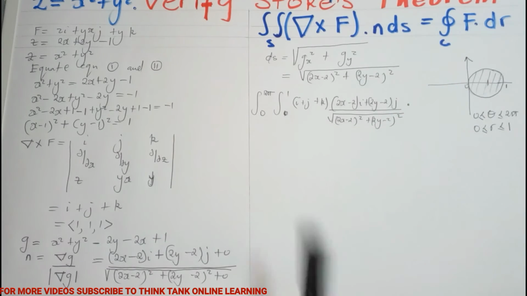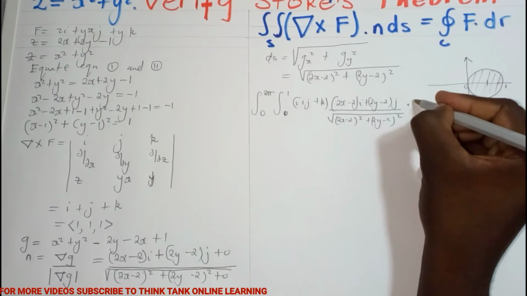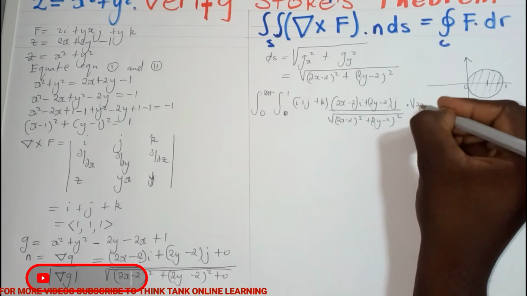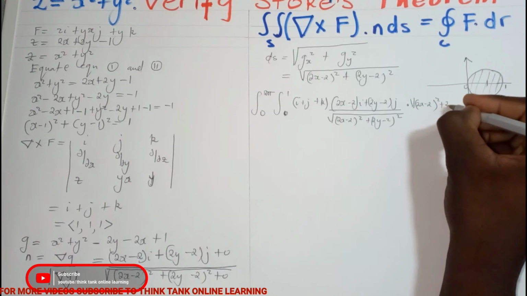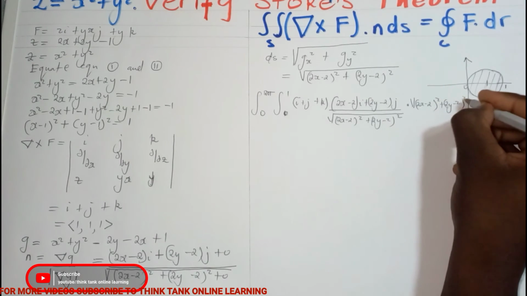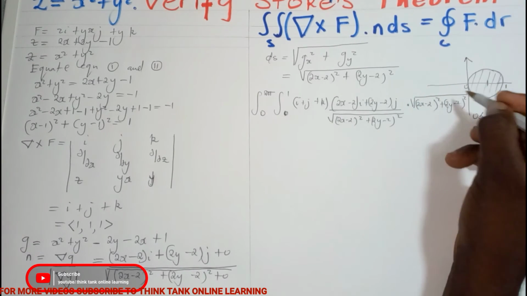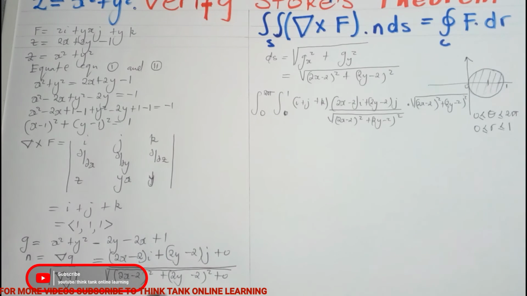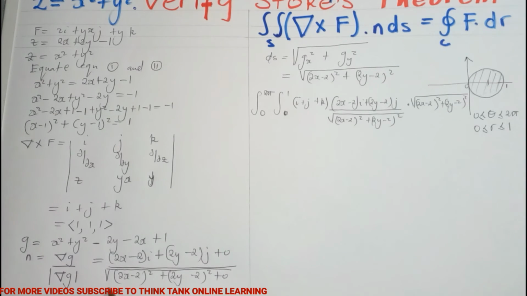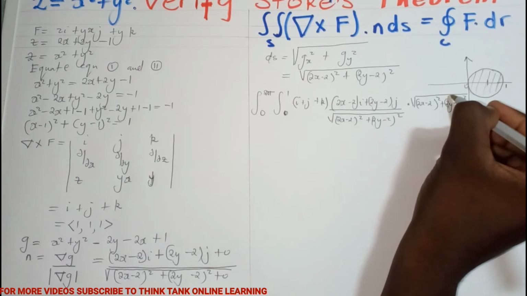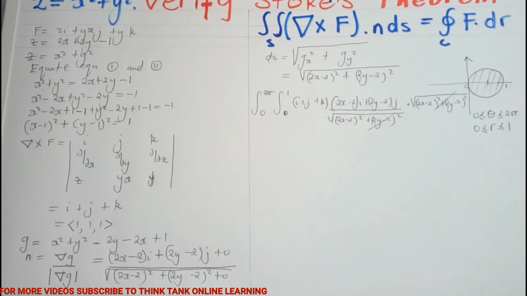And we have dS, which is this one, the same square root. The reason why I didn't simplify here is that I know dS is going to cancel the magnitude of the gradient of g. So here you can easily cancel this one into this one, just 1.